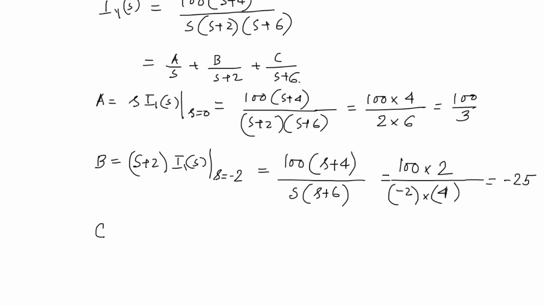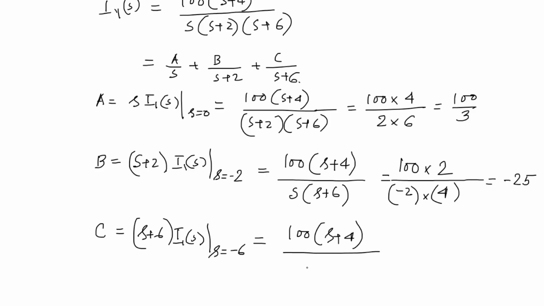And let us solve c. C will be equal to s plus 6 into I1s at s equal to minus 6. If you multiply s plus 6 into I1s, it will become 100 into s plus 4 divided by s into s plus 2.